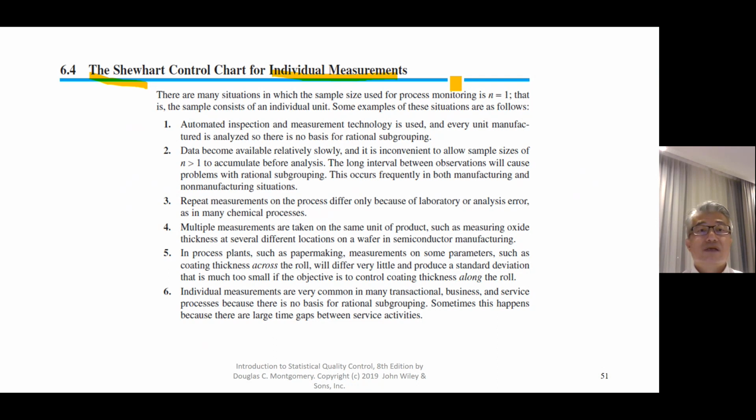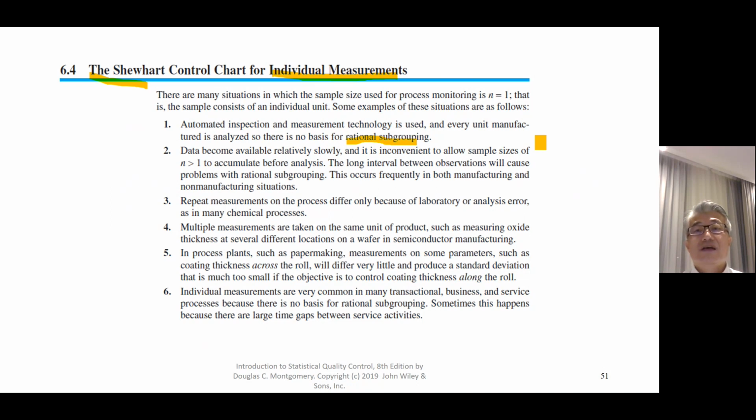First one, automated inspection, like AOI, can be done on only one piece, and measurement technology is used. Every unit manufactured is analyzed, so there is no basis for rational subgrouping. The data become available relatively slowly since the throughput is quite low.